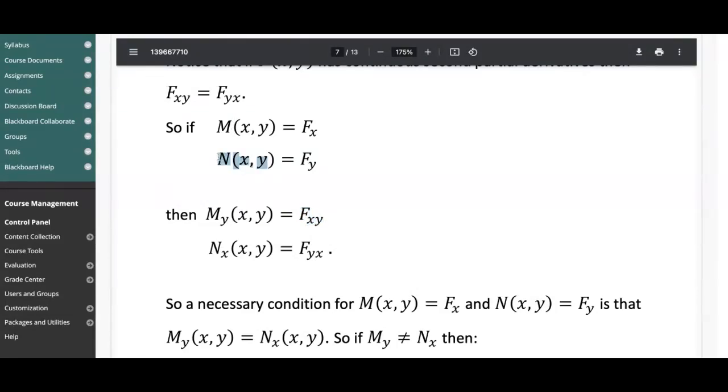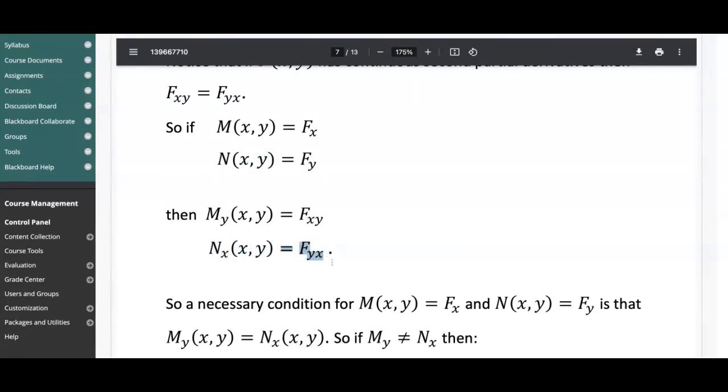And if we take a derivative of N in terms of x, this will be f_yx, the mixed partial. This will be partial N, partial x.